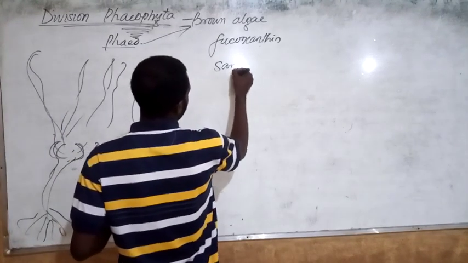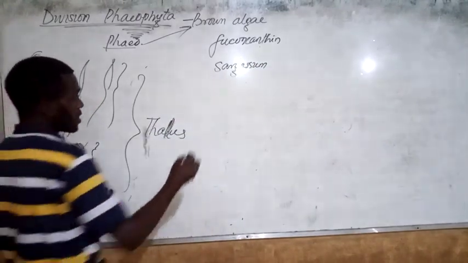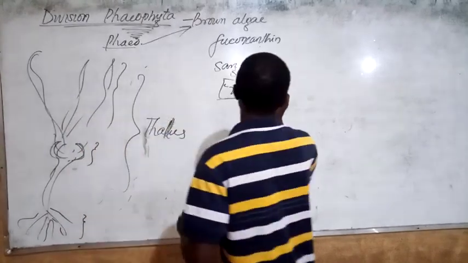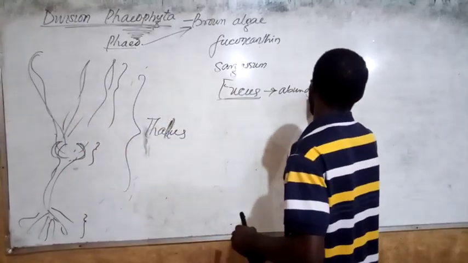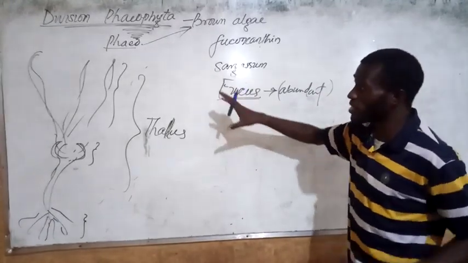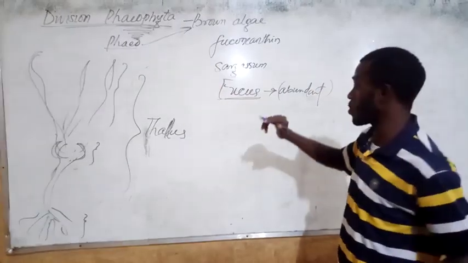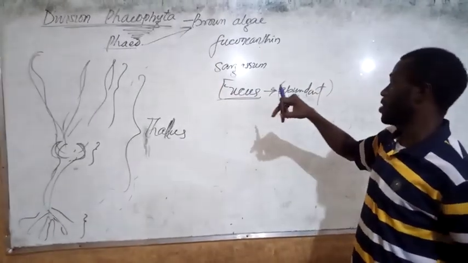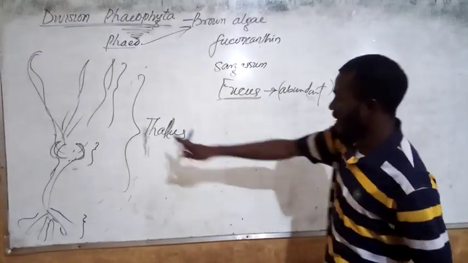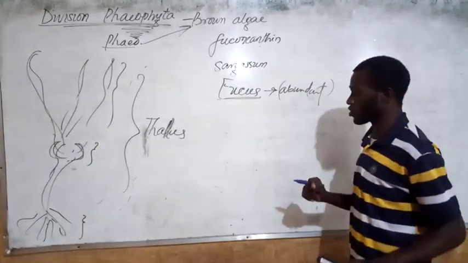But an example like the fucus, and in fact fucus is the most abundant of brown algae, belonging to the order Fucales. Now, the fucus has this structure that we are about to discuss.